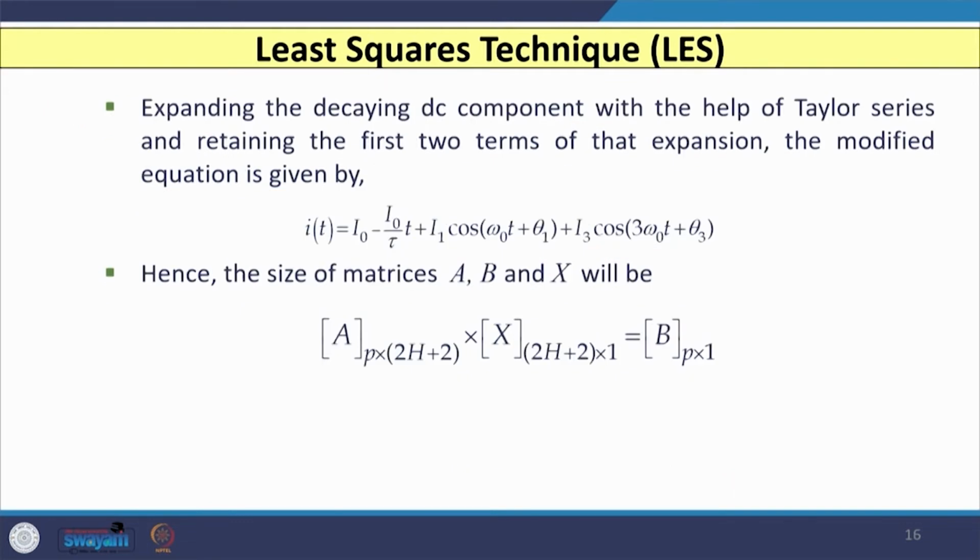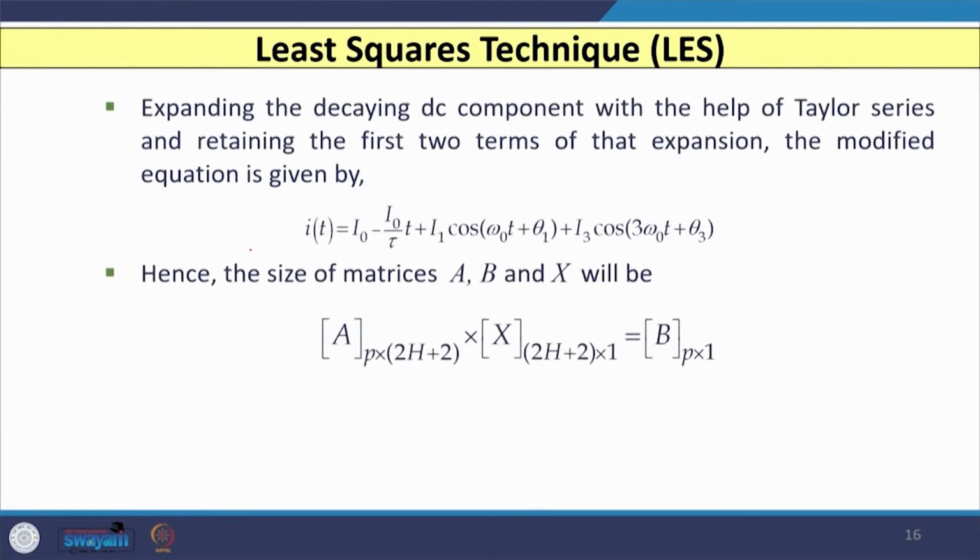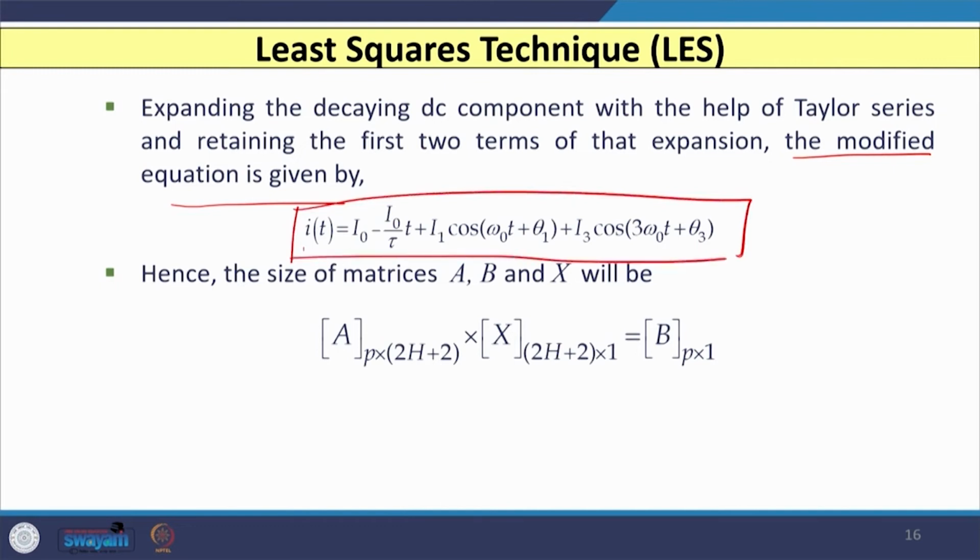Now, if we expand this term using the Taylor series, and retain the first two terms, neglecting the higher order terms, then we have the modified equation of I t, given by this equation. Here you can see we have two terms of DC, one is I 0 and another is minus I 0 by tau into t.